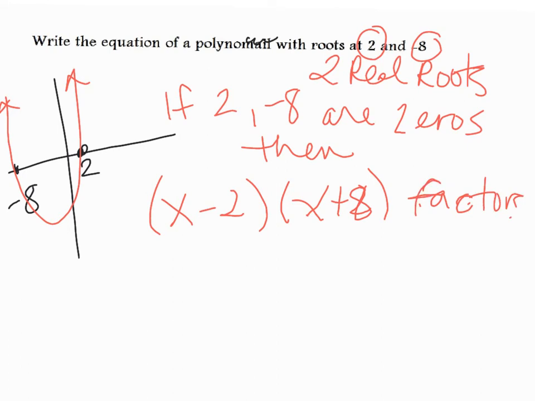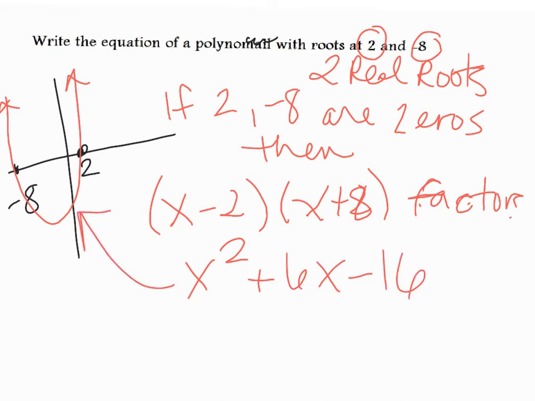So what you need to do now is FOIL them, and I'm going to just do it in my head, but you don't do that, okay? You actually show your work, since I'll probably make a mistake and then somebody will tell me about it. This is the polynomial that represents possibly this picture. Not for sure, it's just a quick sketch, but it has roots at 2 and -8.